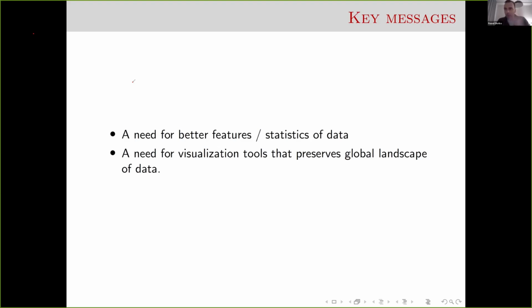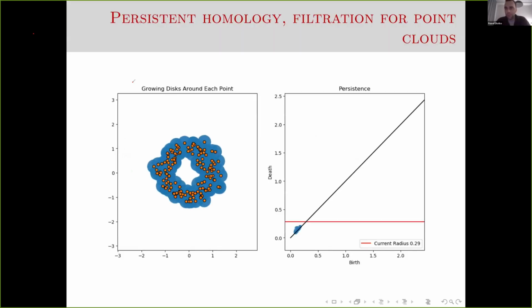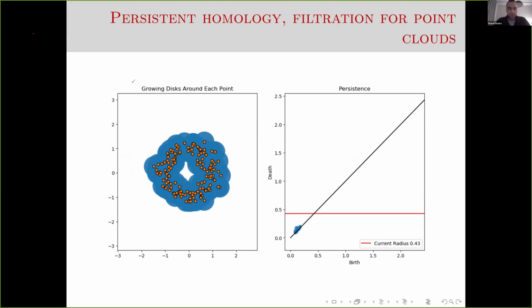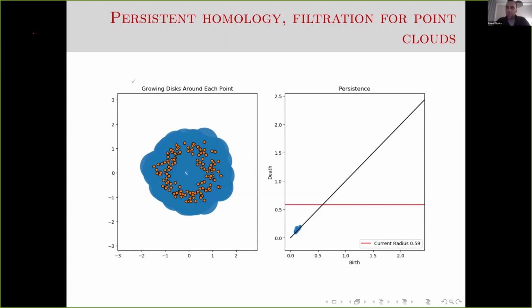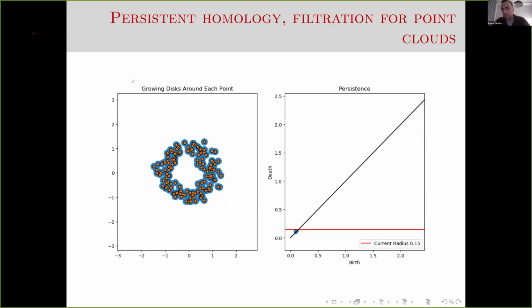Okay, so to start, let's put it into the historical context. Let's take a look at the state of the art. So when it comes to new types of statistics, we should of course think about persistent homology. So, very standard picture: we are creating a filtration by placing a ball of radius r centered in every point of our point cloud.